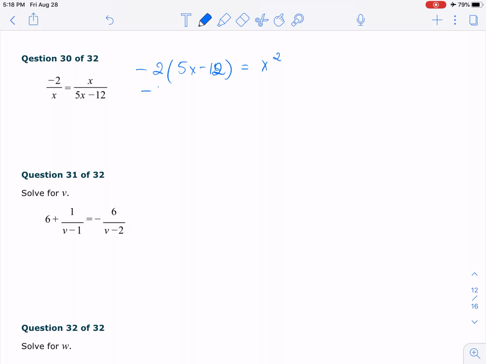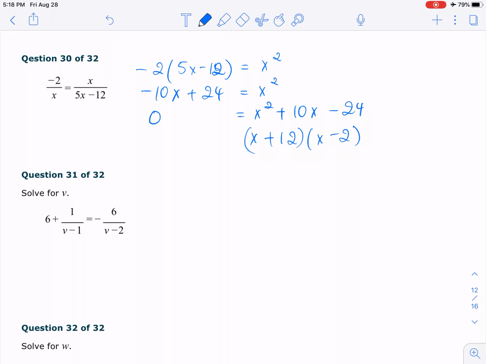As you can see, we ended up with a quadratic. For a quadratic, it's best to factor. So I'm going to move everything to one side so I can just factor. So x plus 12 and x minus 2.